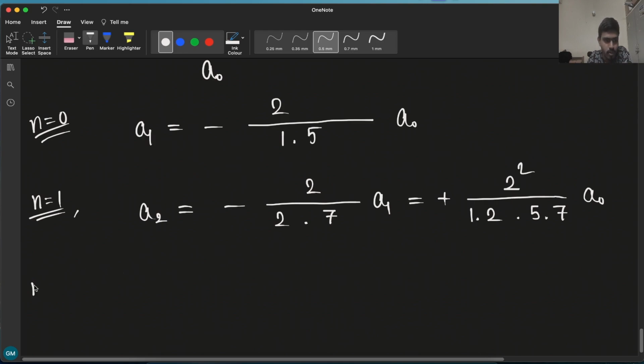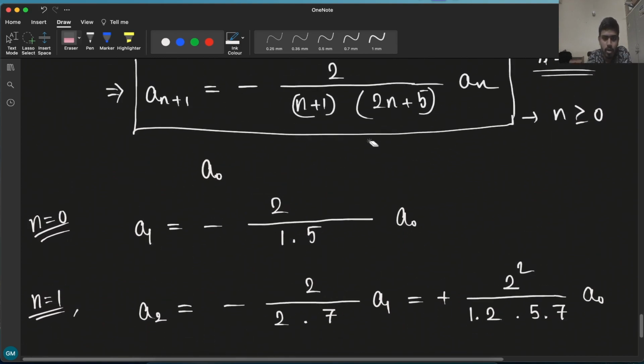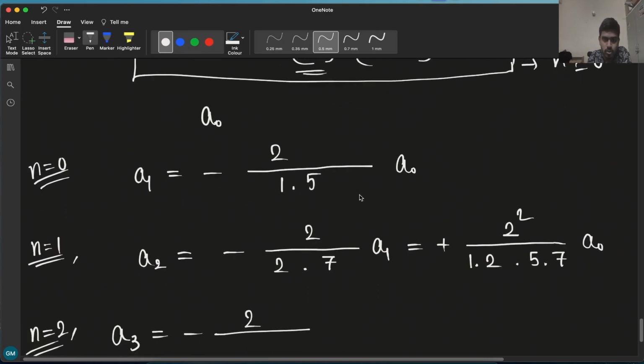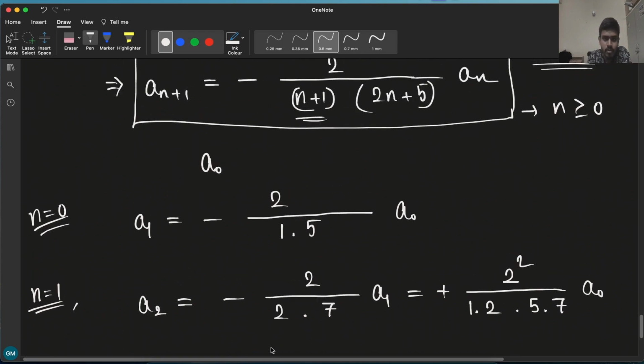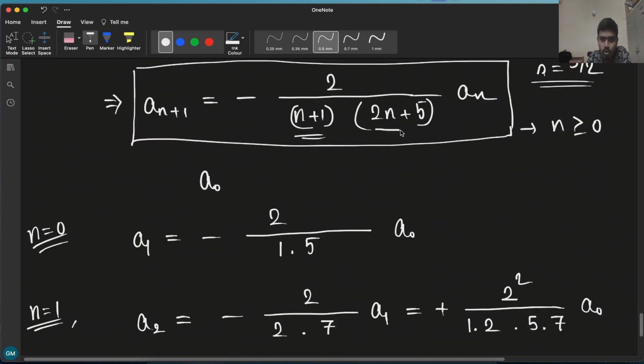That's the motivation. If I take n equals to 2, in that case a3 will be equal to minus 2 divided by, n plus 1 is 3, so 3 times, and 2 times 2 is 4 plus 5, that is 9.